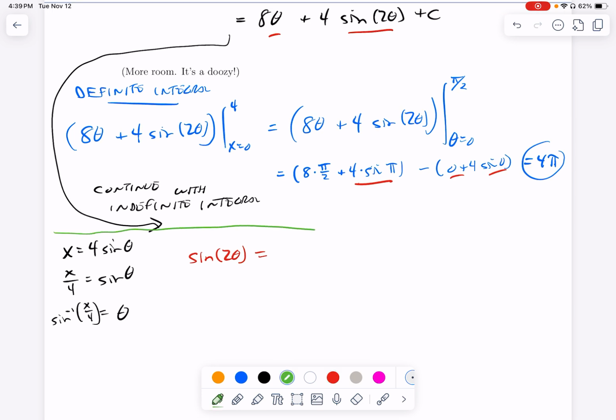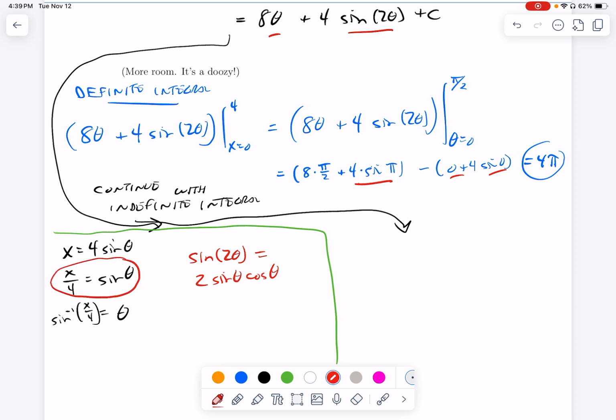Let's actually separate this, and we'll continue with our indefinite integral over here after we've done some work. So sine of 2 theta is 2 sine theta cos theta. Well, I know that sine theta is x over 4. So this is 2 times x over 4 times cosine theta.